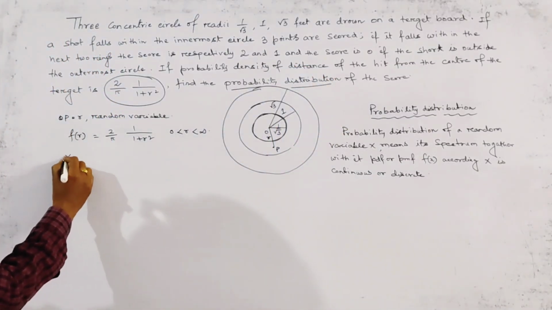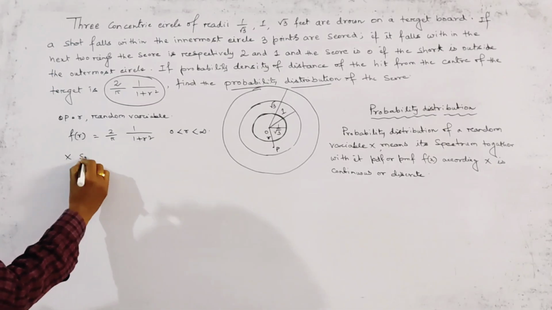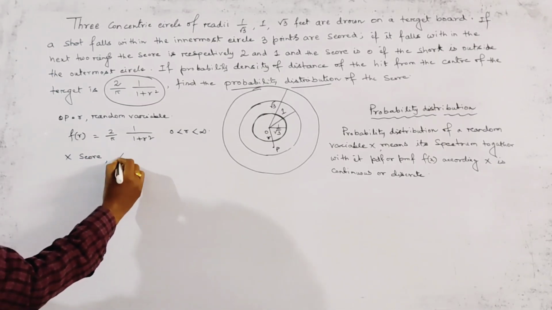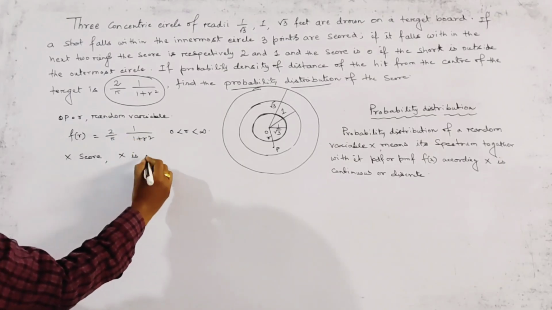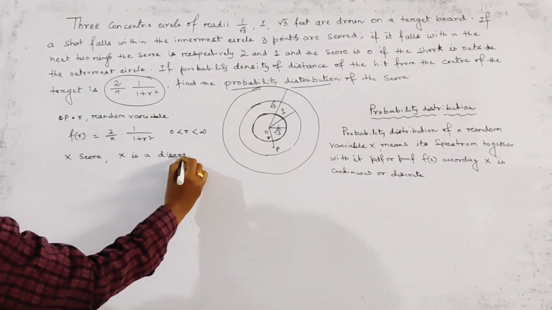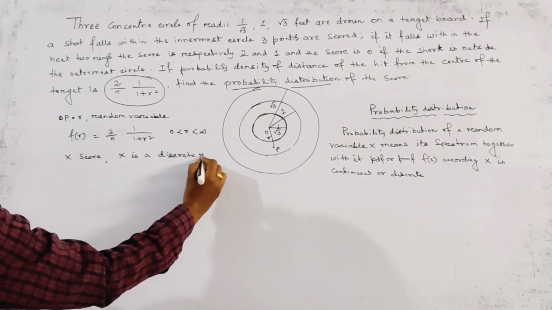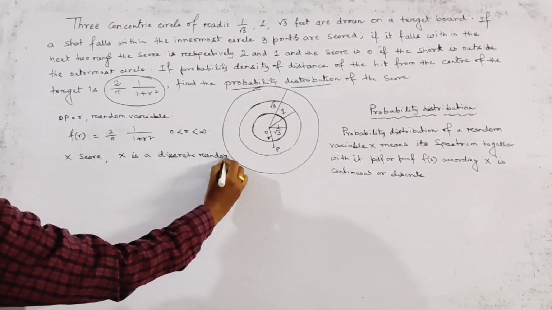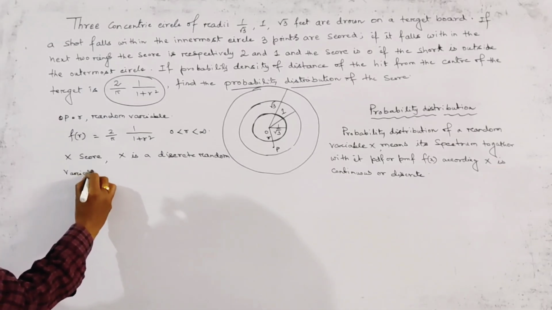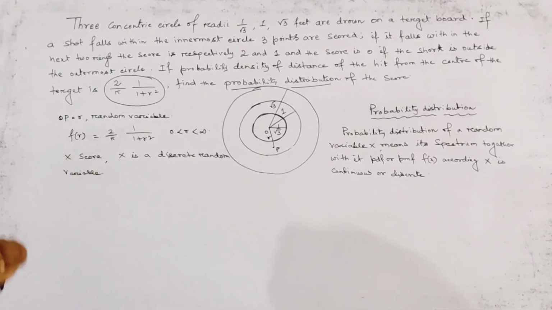Right, now we have to find the probability distribution of the score. Let capital X be the score, and capital X is a discrete random variable. Why is it a discrete random variable?